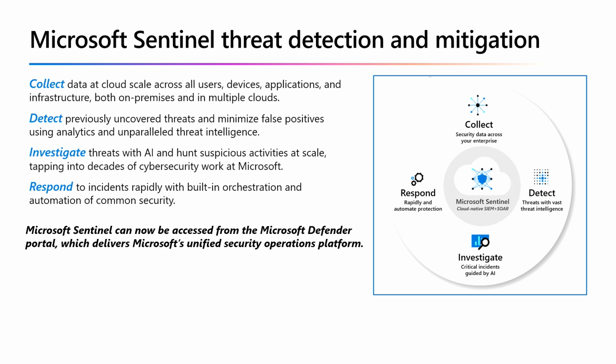The third step, we investigate threats with AI and hunt suspicious activities at scale, tapping into decades of cybersecurity work at Microsoft. Finally, we respond. We respond to incidents rapidly with built-in orchestration and automation of common security tasks.